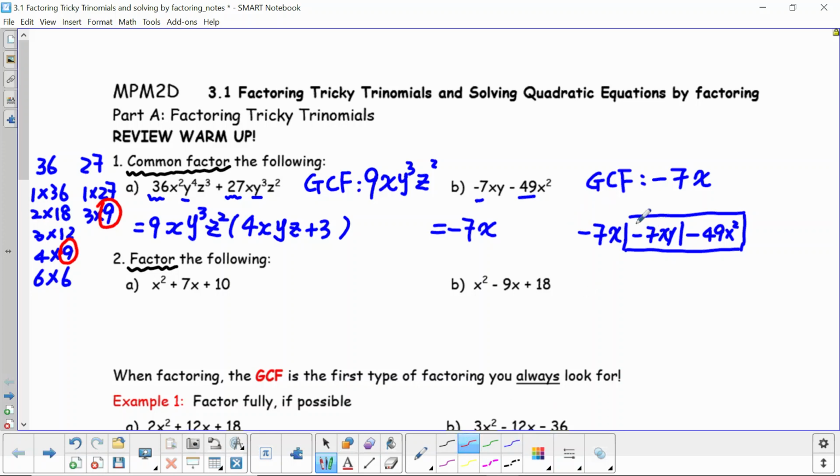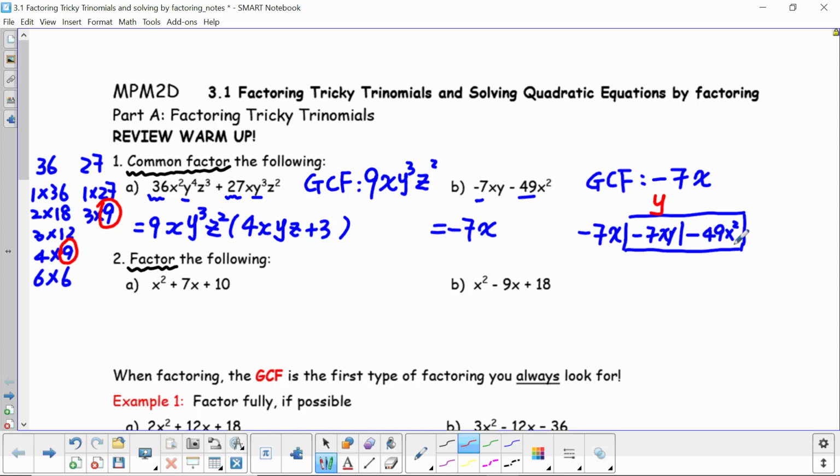Then this is the area for this box. One side is given. To find another side, we do the area divided by one side. Negative 7 divided by negative 7 is 1. X divided by x is 1. So y is whatever is left. Then you can check. Times together, you have negative 7xy.